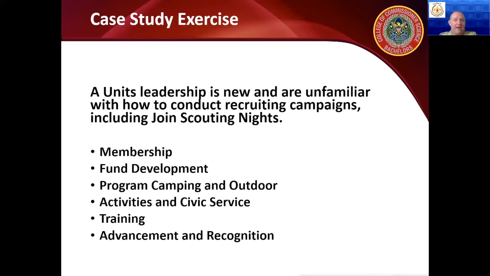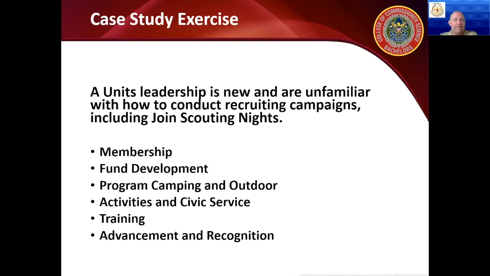They have the ability to do what they call some geofencing. So if a unit's having a recruiting night, they can actually put out messages either via Facebook or other social media events that'll just target the area around where that event's going to happen.